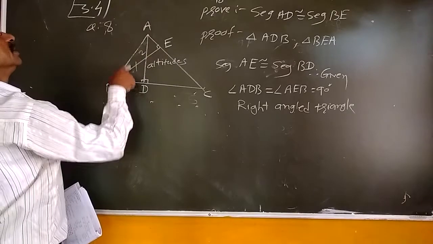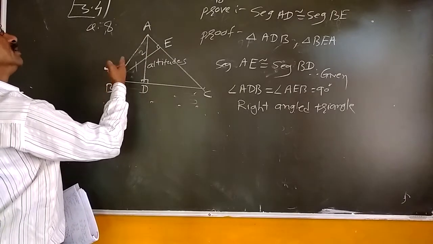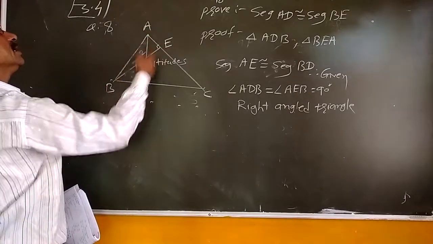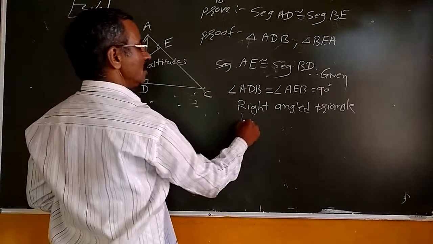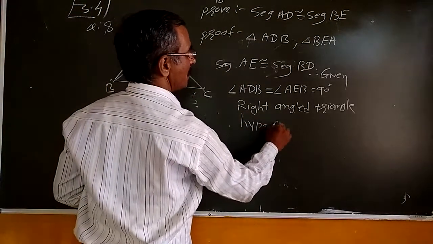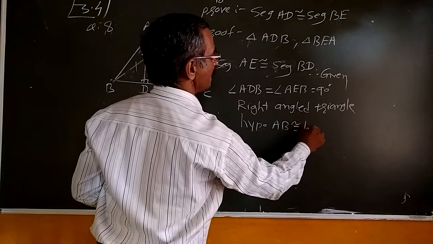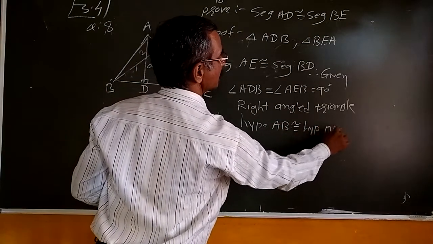For the first triangle AB is the hypotenuse, and for the second triangle also side AB is the hypotenuse. So hypotenuse AB is congruent with hypotenuse AB.